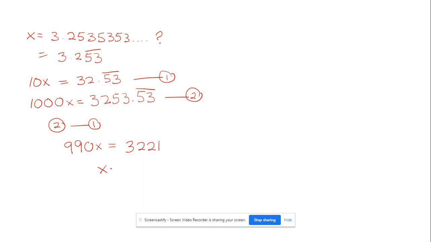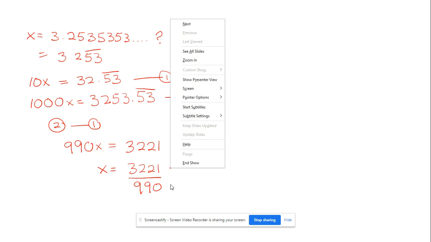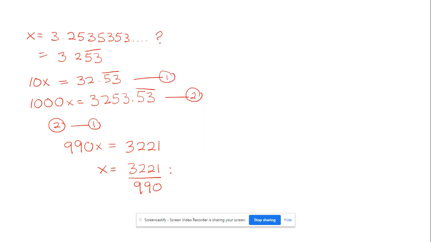Alright, so basically now I can leave my number as one full number like this one. See, your numerator is a whole number, and your denominator also is a whole number. Alright, so basically this is how we transform our decimal number into a fraction.